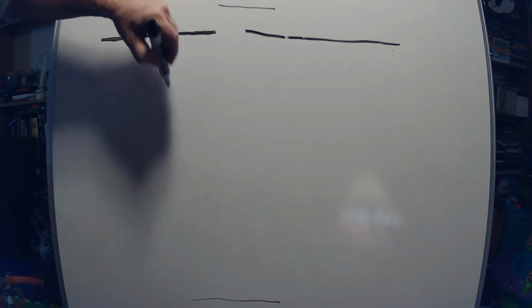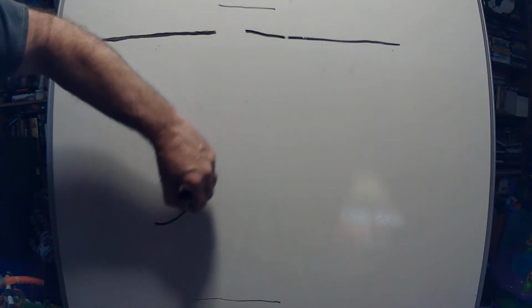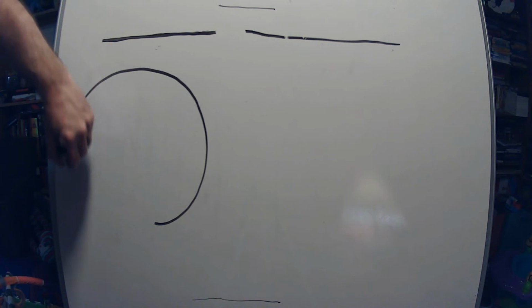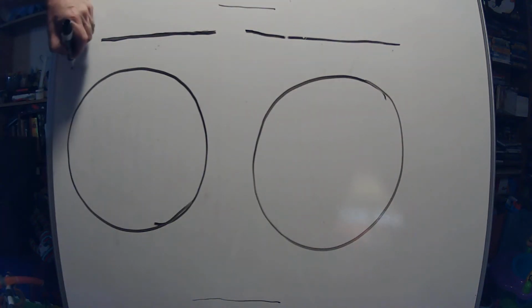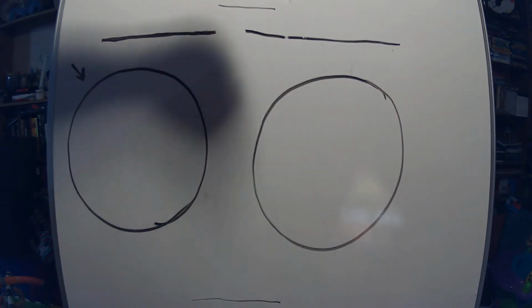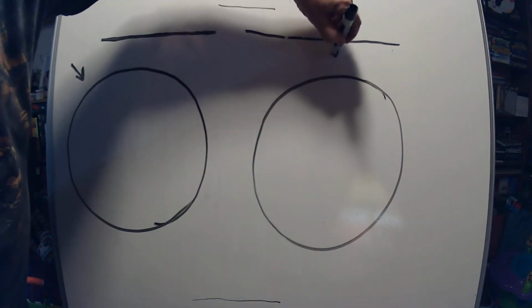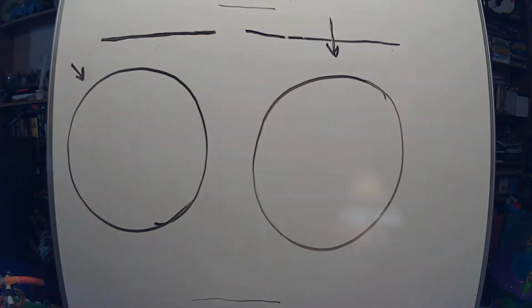Now the spheres are the hardest ones to shade. Okay, there and there. I'm going to leave this coming from here, and I'm going to leave this going from there. All right.